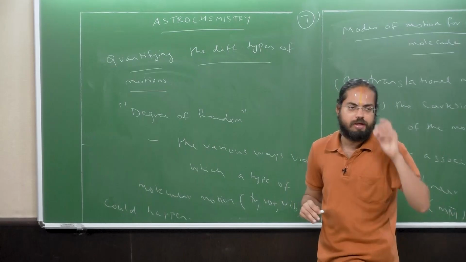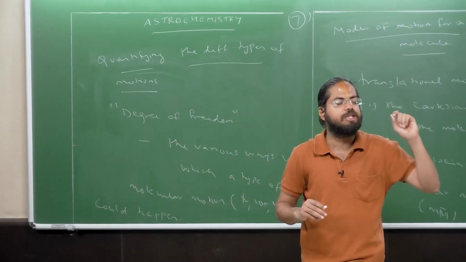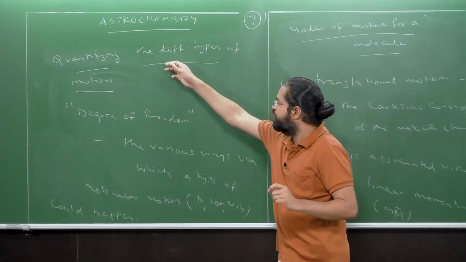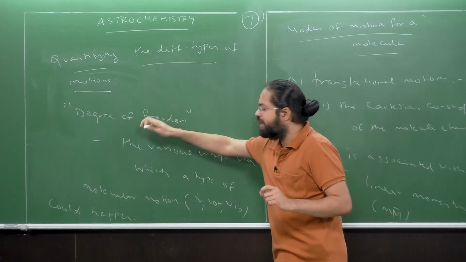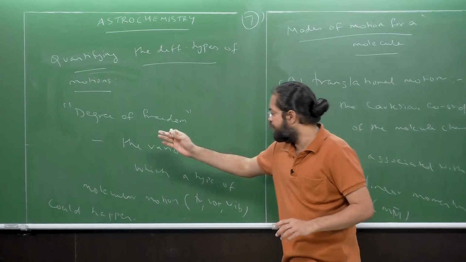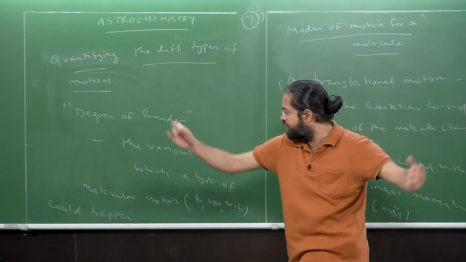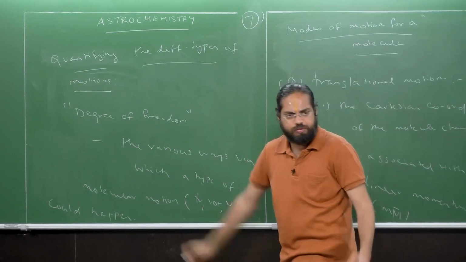Once again, we're not worried about the exact definition given in textbooks. We just want to understand that to quantify the different types of motions, we have what are called degrees of freedom. And each type of motion, for example, translational, rotational, vibrational motion, is associated with its own degrees of freedom.